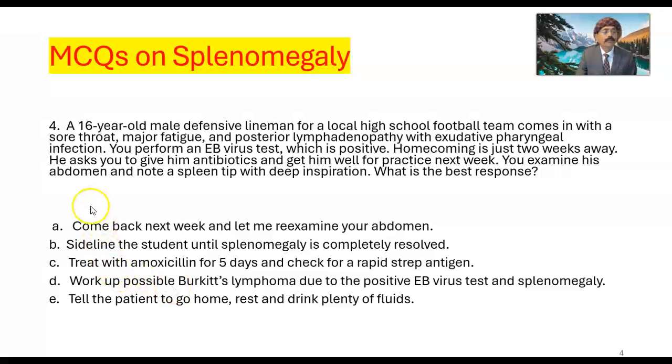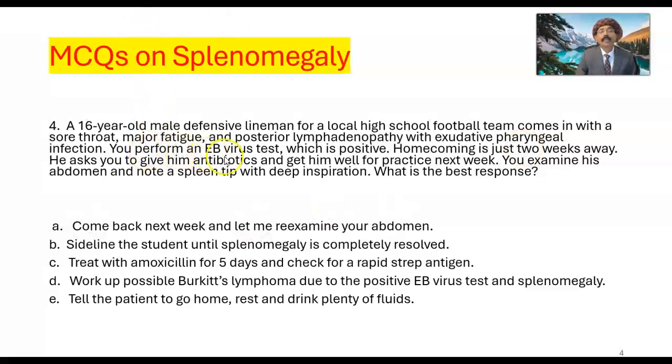Question number 4. A 16-year-old male defensive lineman for a local high school football team comes in with a sore throat, major fatigue, posterior lymphadenopathy with exudative pharyngeal infection.